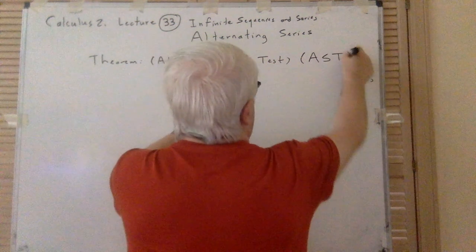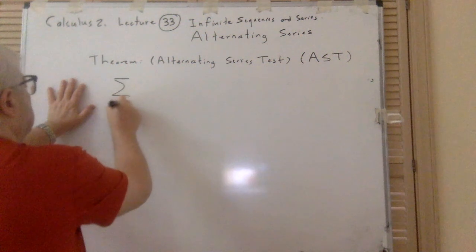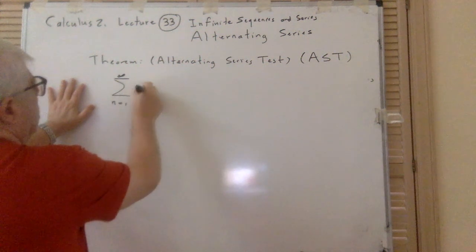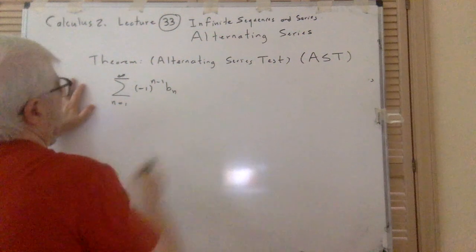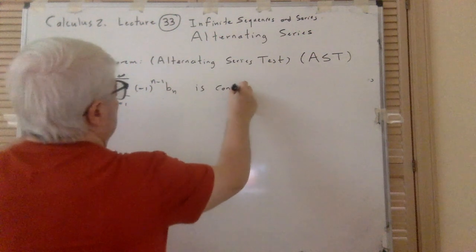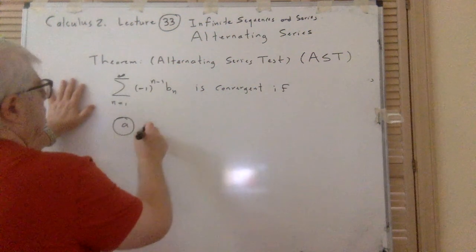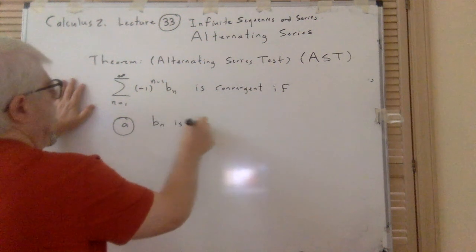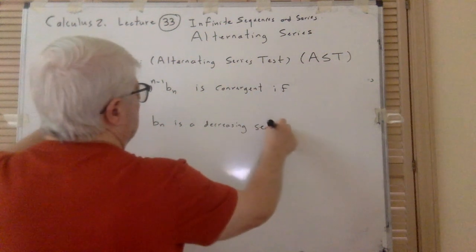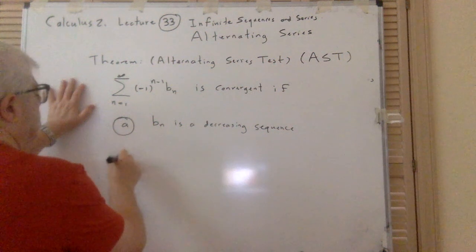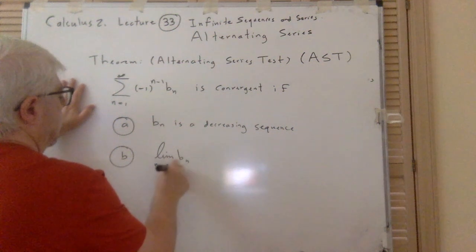The series, and it doesn't make any difference if we have n minus 1 or n, is convergent if bn is a decreasing sequence and the limit of bn as n goes to infinity is 0.